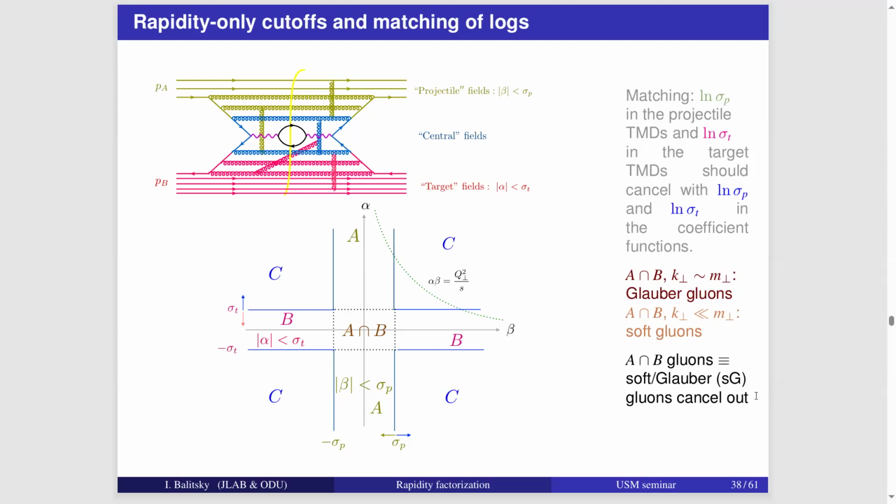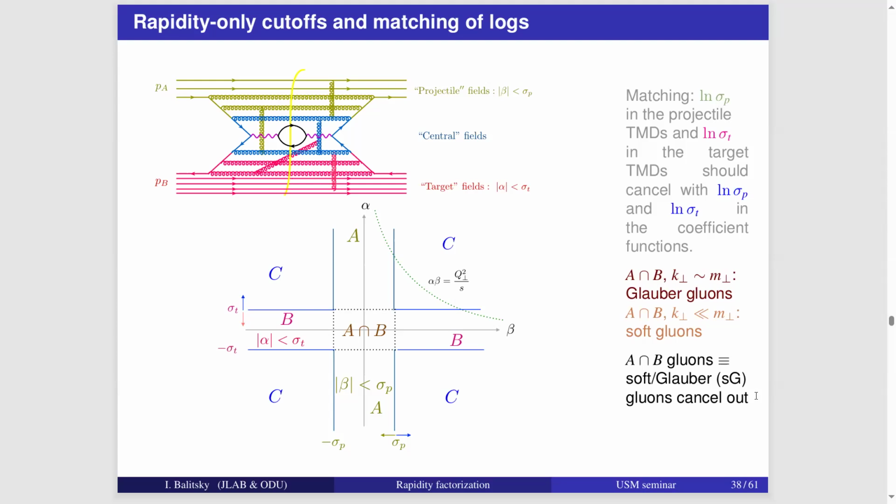And for example, BFKL gluons, if you consider simply the cross section without catching on this, it will be just BFKL gluons. Depending on their transverse momentum, if the transverse momentum is of order of the mass of the nucleon, they are called Glauber gluons. If the transverse momentum is extremely small, they are soft gluons that cancel. With Glauber gluons, it is the story.